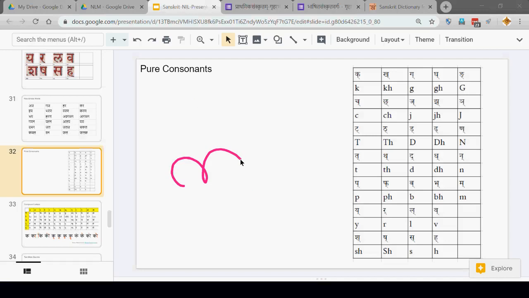Then we have lu. First write la symbol and add the symbol for adding the long u sound at the bottom to the consonant. Lu. So bu. Ba base symbol and adding the symbol at the bottom. Bu.